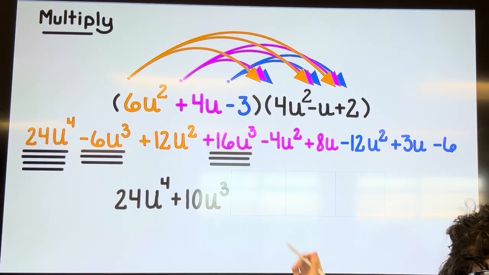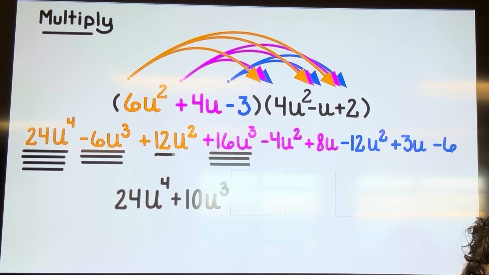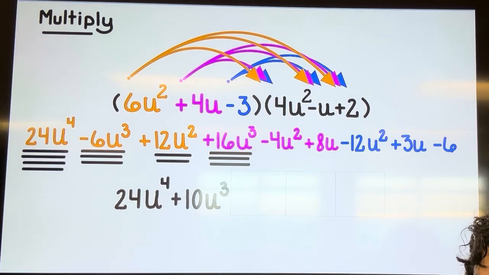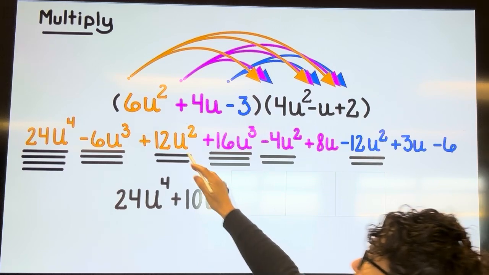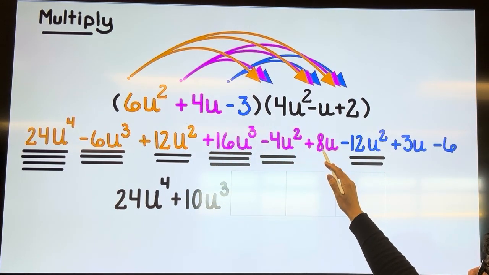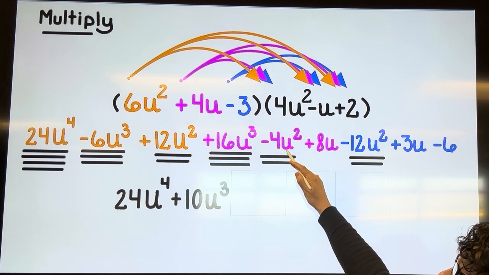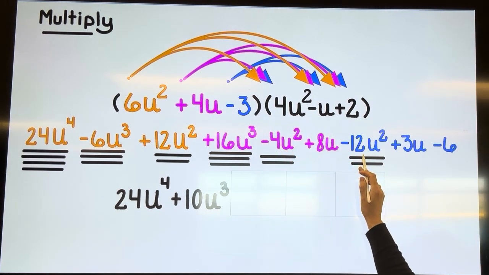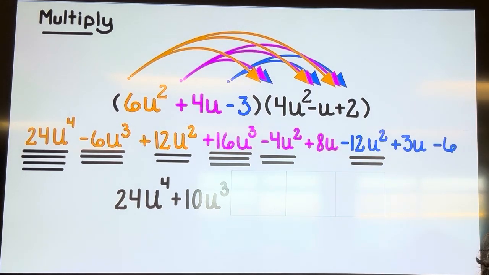Then we're going to go looking for the u to the 2nd power. So here's a u to the 2nd power. Right here, I have another term with a u to the 2nd power here and here. So 12u squared minus 4u squared is 8u squared, and 8u squared minus 12u squared is negative 4u squared.